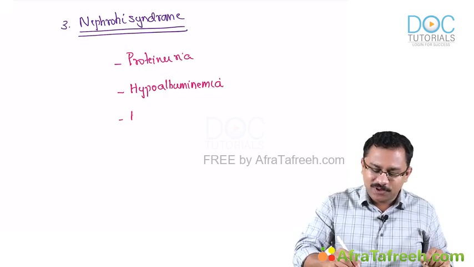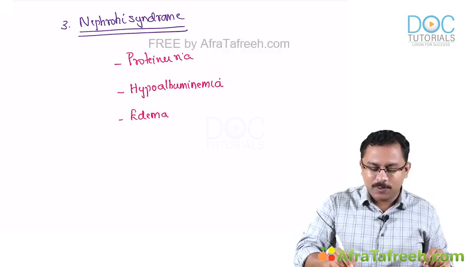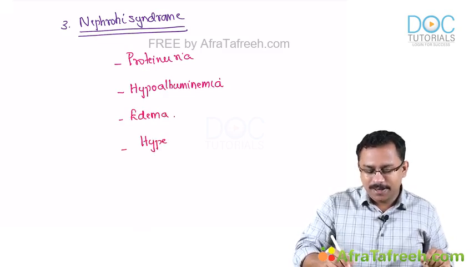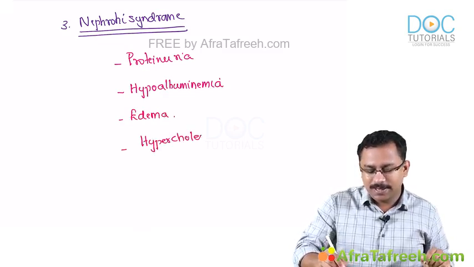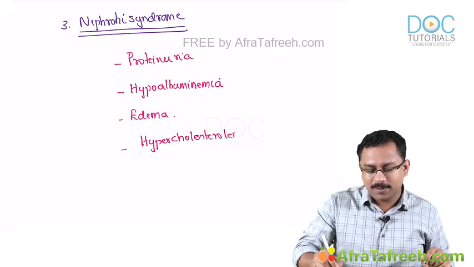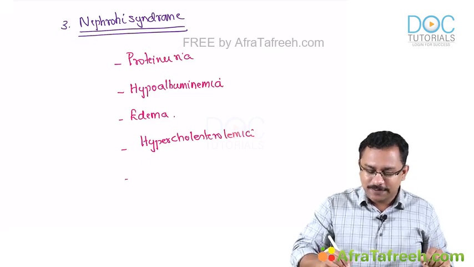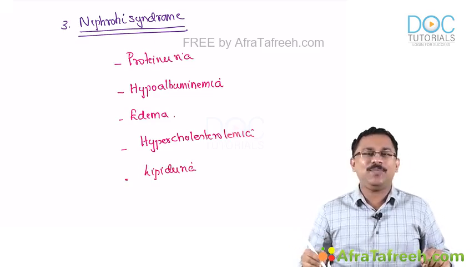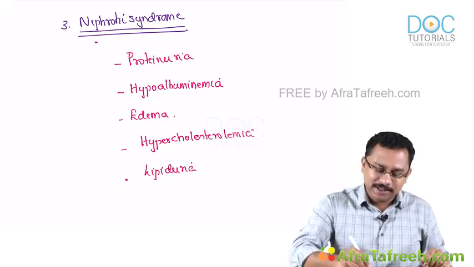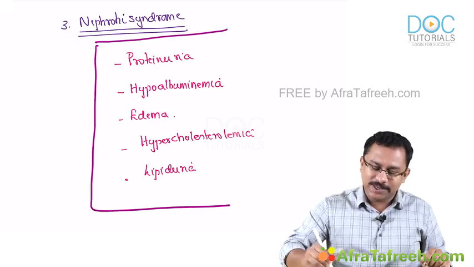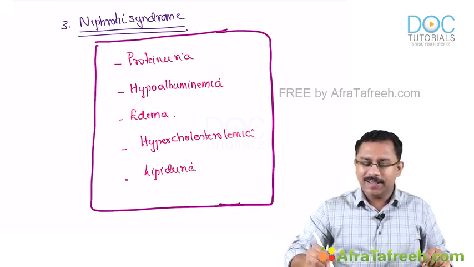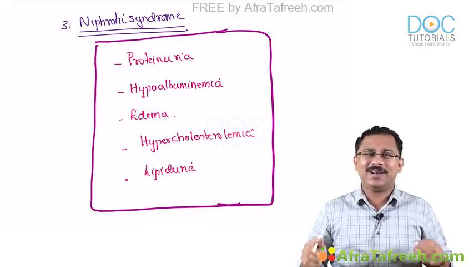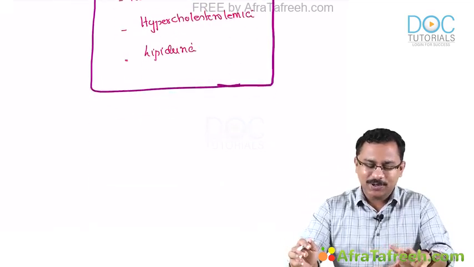The third is edema. The fourth is hypercholesterolemia. And the fifth is lipiduria. So these are the 5 components, all of which have to be present to label somebody as a nephrotic syndrome.